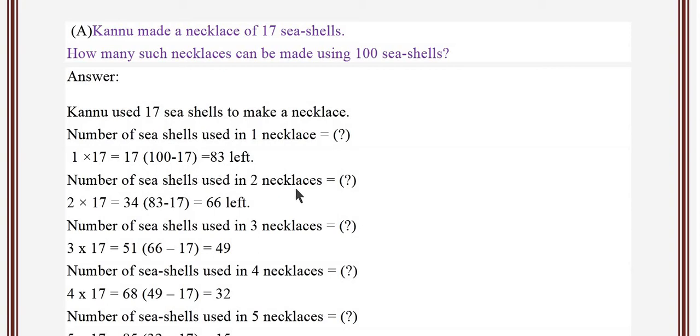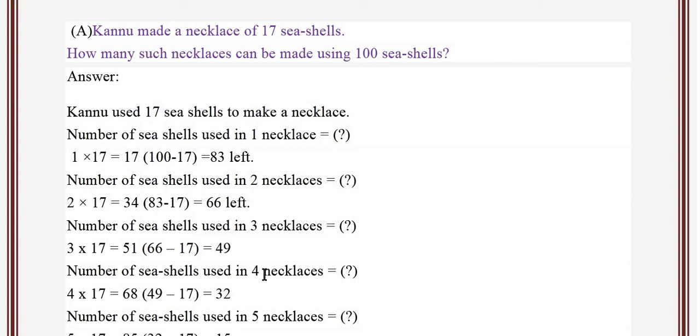Number of seashells used in two necklaces, 2 into 17 means 34. 83 minus 17 is equal to 66 left. Number of seashells used in 3 necklaces, 17 threes are 51, means 66 minus 17 is equal to 49.